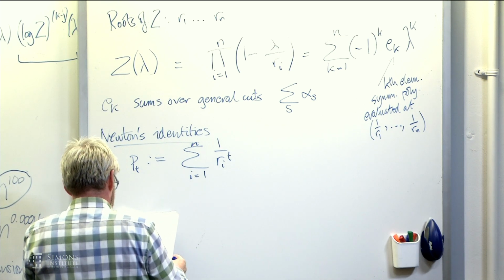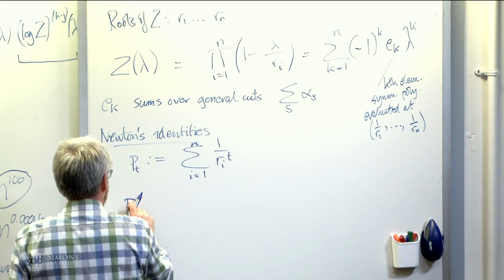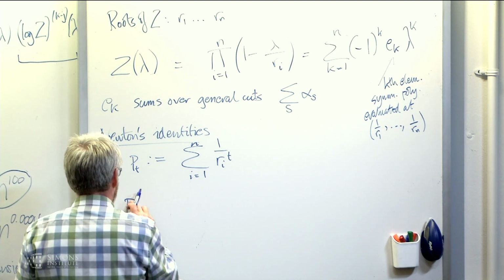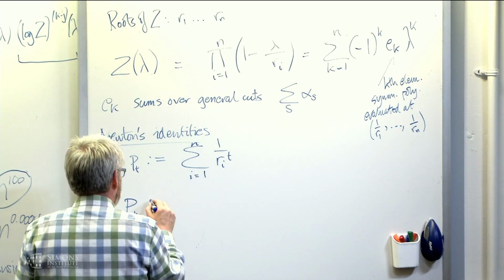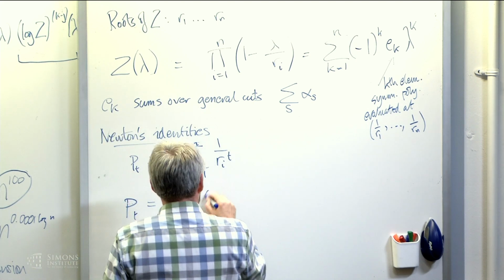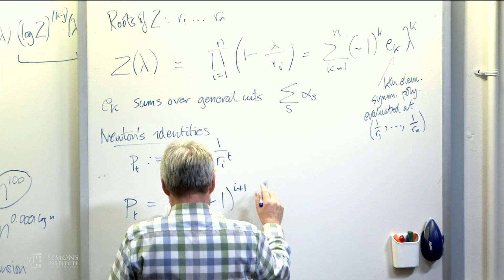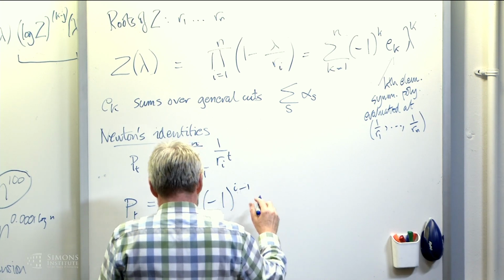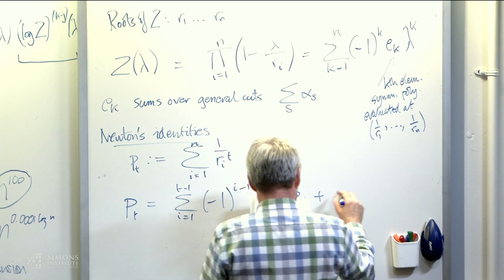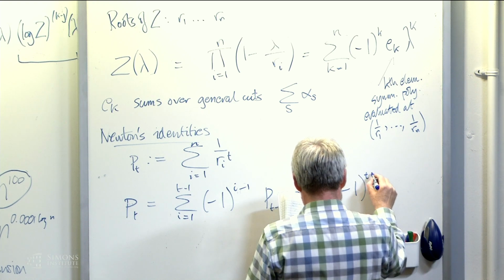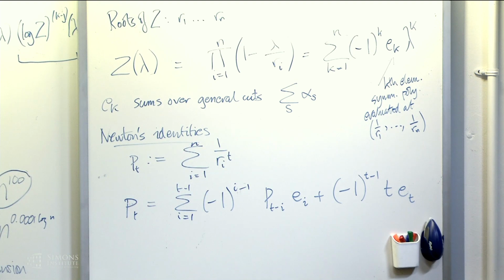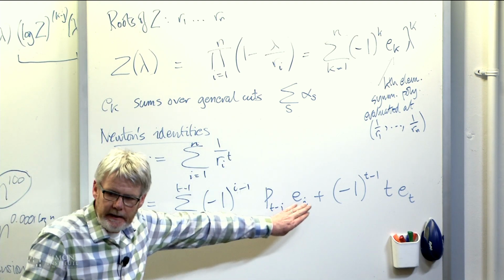Then I get from Newton's identities, one form that I think was mentioned in Jan's lectures, this one. So this relates the power sums to the e's.